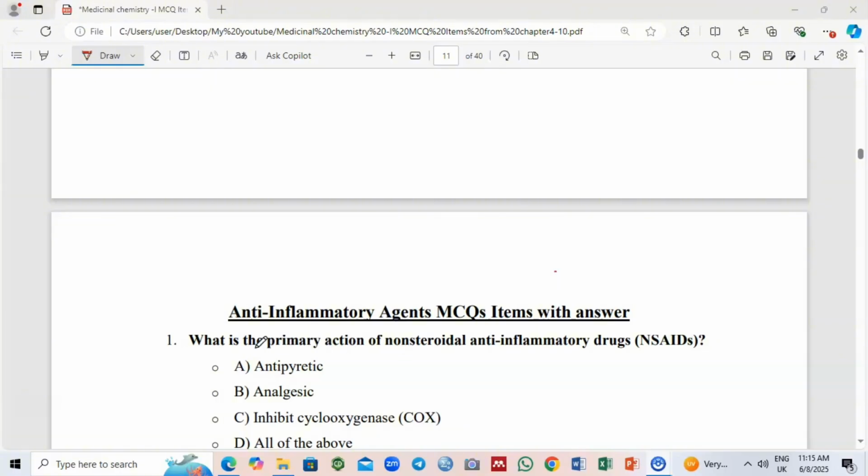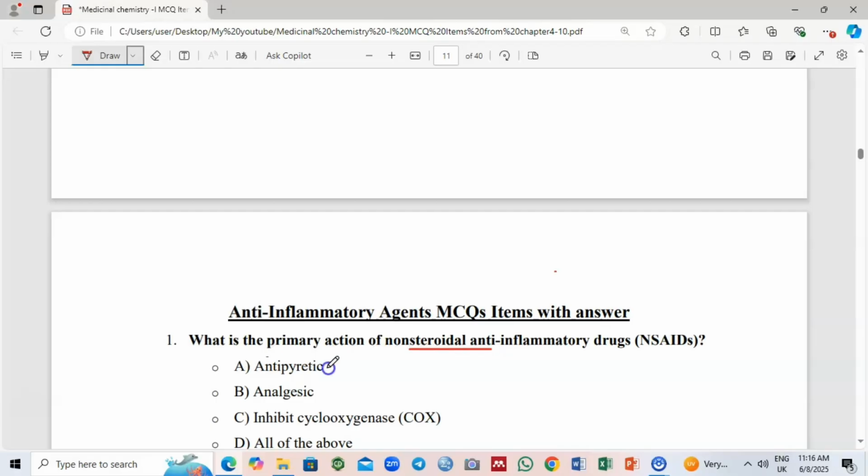Question number 1 says that the primary action of non-steroidal anti-inflammatory or NSAID drugs is: A, antipyretic; B, analgesic; C, inhibiting cyclooxygenase; D, all of the above. As we mentioned, these non-steroidal anti-inflammatory drugs mainly inhibit cyclooxygenase, specifically the cyclooxygenase 1 and cyclooxygenase 2, or COX-1 and COX-2 isoforms, so as to give antipyretic, analgesic and anti-inflammatory effects.